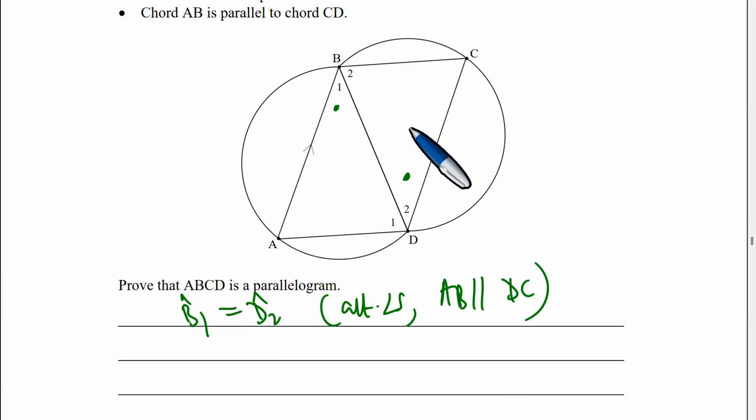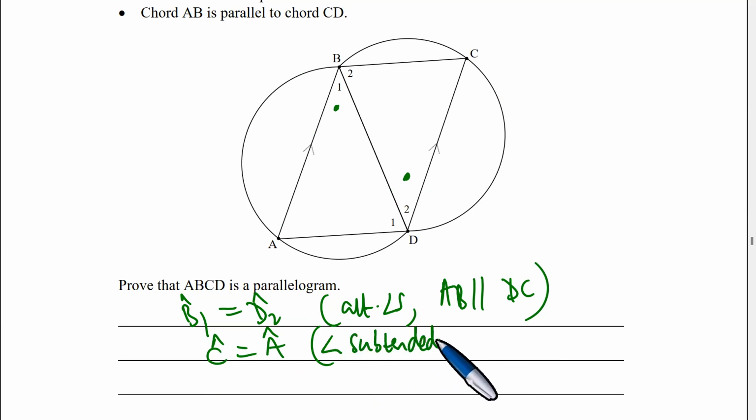What about angle C and angle A? Angle C and A are equal. Why? Angle subtended from equal chord.